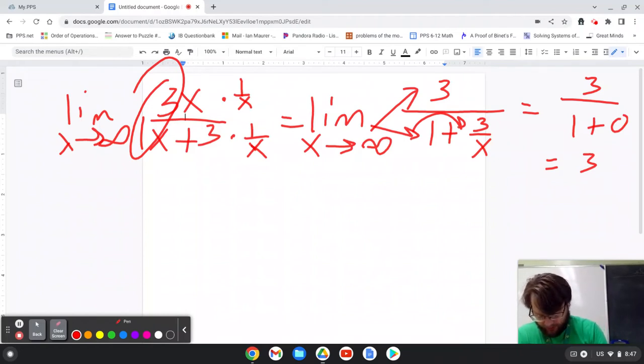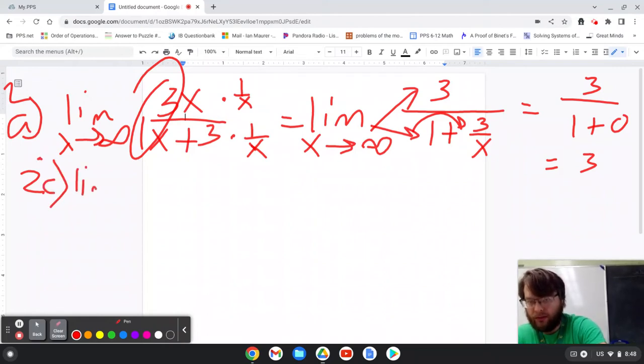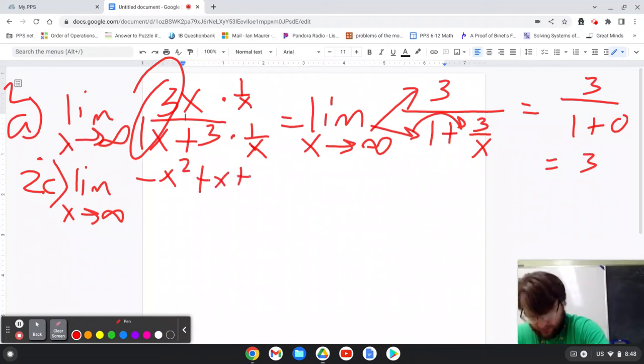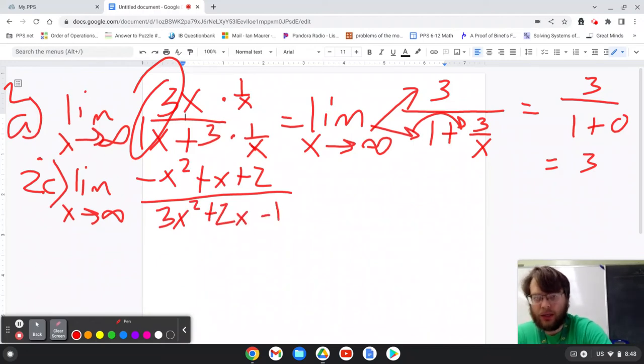I'll do one that's a little bit harder. That was question 2a. This is question 2c. So we'll do the limit as x approaches infinity of negative x squared plus x plus 2 over 3x squared plus 2x minus 1.